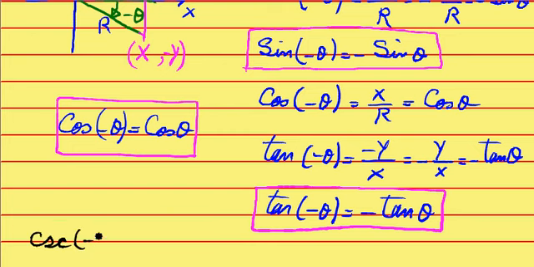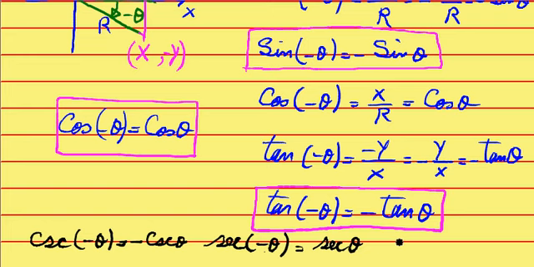Cosecant of minus theta is going to be minus cosecant of theta. Secant of minus theta, secant is a reciprocal of cosine. It's going to have same property. It's going to be equal to secant of theta. Cotangent, well, cotangent is a reciprocal of tangent. Is going to have the same property, minus cotangent of theta.